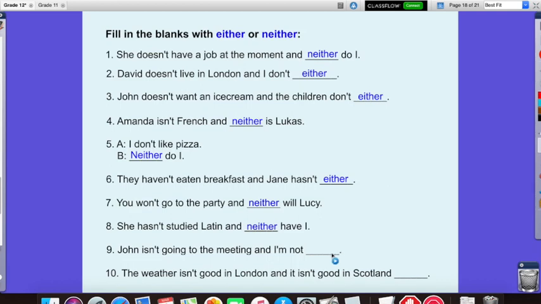The answer, John isn't going to the meeting and I'm not either. And the last one. The answer, the weather isn't good in London and it isn't good in Scotland either.